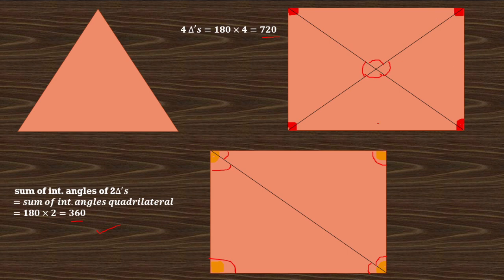See, 1, 2, 3, 4, 5, 6, 7, 8, we do not have any problem with these 8 angles, because the sum of these 8 angles is equal to the sum of the 4 angles of the quadrilateral. But one angle from each triangle is here. So this is extra. So what is the sum of all 4 angles here? It's 360. So if we subtract 360 from here, we will get again 360.